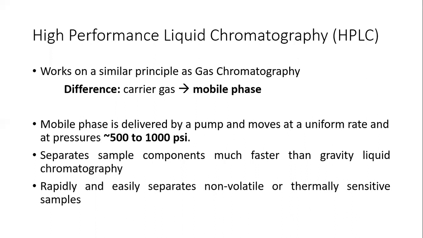That is one reason why sometimes HPLC is called high pressure liquid chromatography. Due to this high pressure moving in your column, mas mabilis yung pag-separate ng components nyo compared if you will use a gravity liquid chromatography.